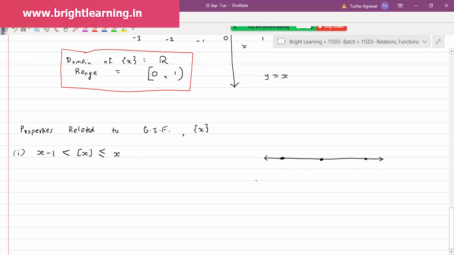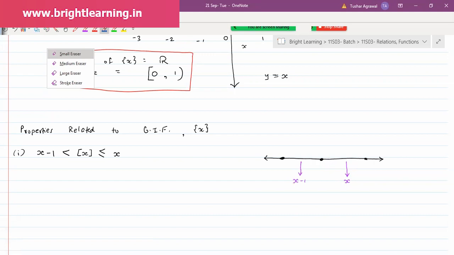Now the value of x may be an integer, it may not be an integer. For example, if x is not an integer, x will lie between the dark circles. So if x is somewhere over here, this will be my step x. X minus 1 will be 1 unit behind. If you are going 1 unit behind, there has to be an integer in between. So that will be my step x.